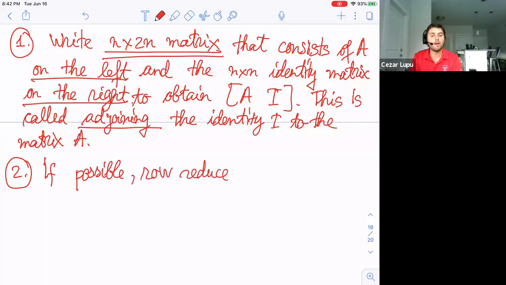So basically, we're just going to apply the elementary transformations to derive the row echelon or row reduced echelon form.